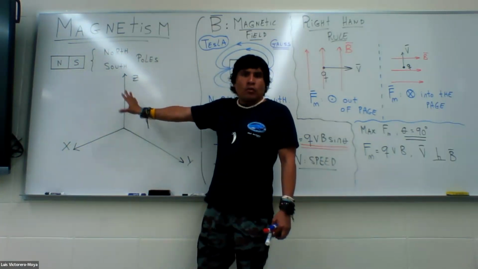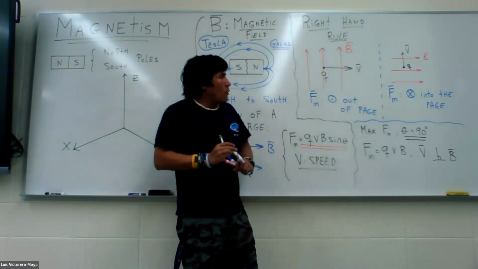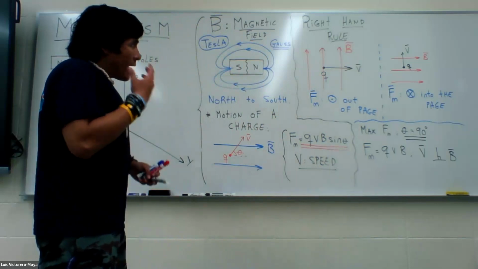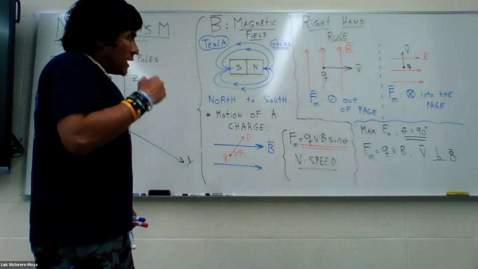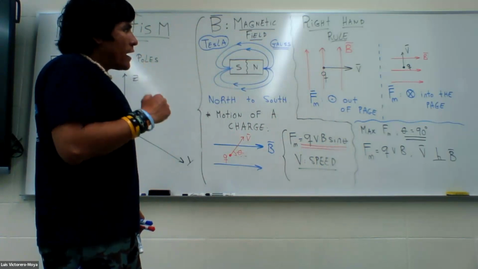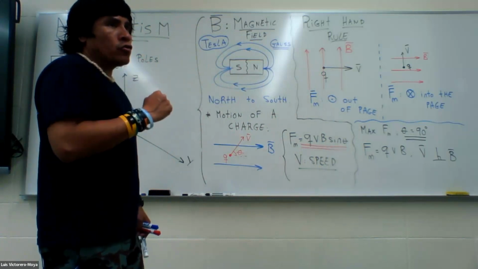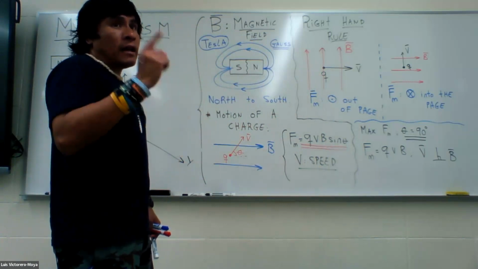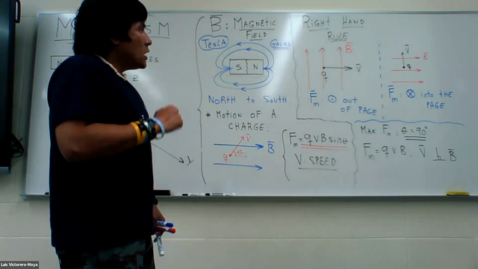So that's what we're going to use for the right-hand rule. The right-hand rule is the whole concept and idea to find the direction of the magnetic force, and there are a few that we're going to introduce between this chapter and the next chapter of induction.